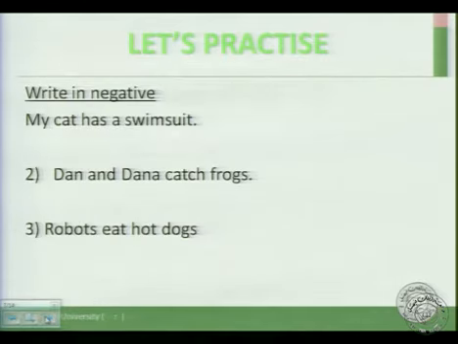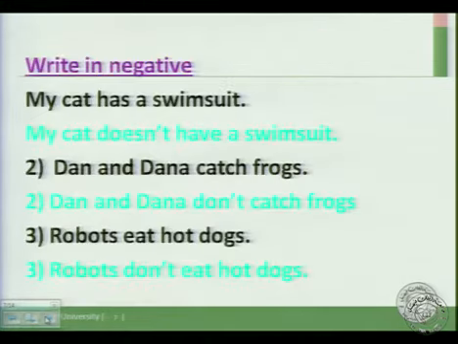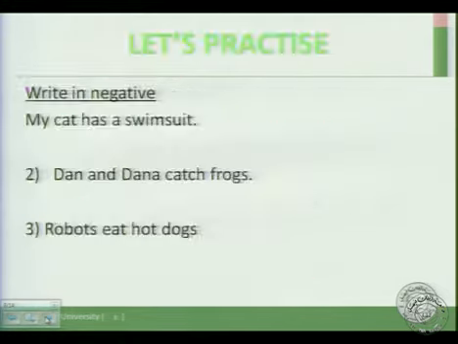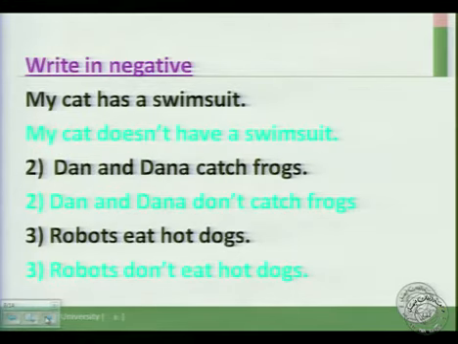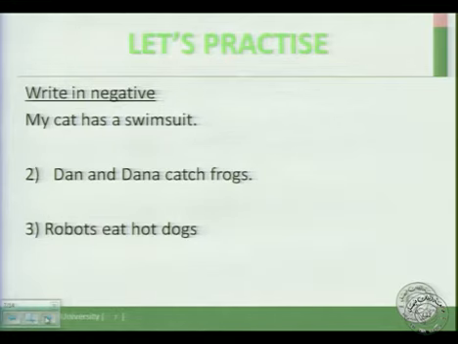Let's practice. Write these sentences in negative. My cat has a swimsuit. So let me answer. We write my cat, and where is the verb? Here is the verb, has.